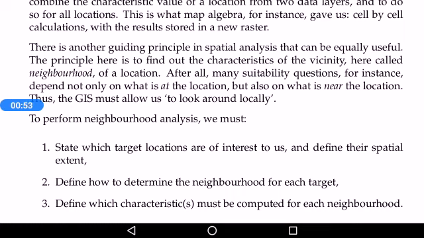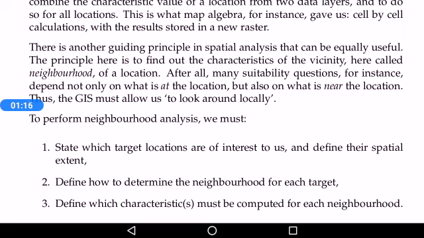Second thing we define is how to determine the neighborhood for each target. That means according to you, what is the neighborhood for that target? Is it the 500-meter distance from the target which you consider as the neighborhood? Or you consider a 10-meter distance from the target as the neighborhood for the target?